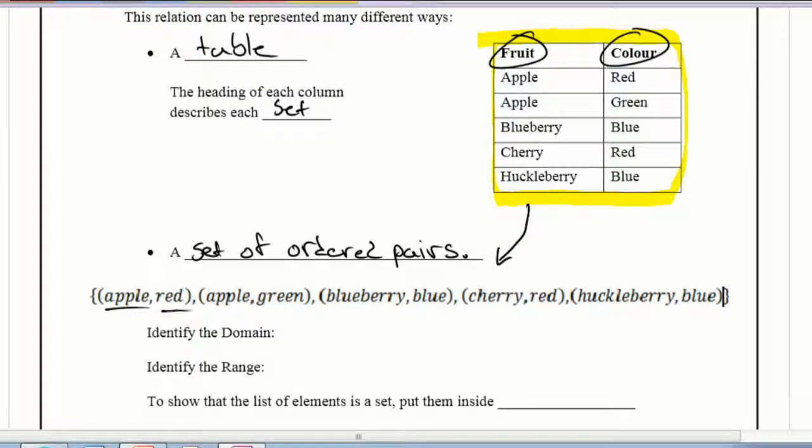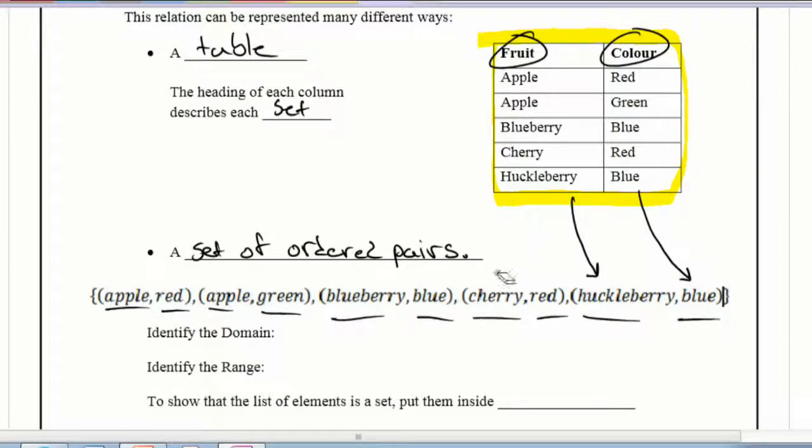Apples may be red, apples may be green, blueberries may be blue, cherries may be red, huckleberries may be blue. So the first thing is the first object, the second in the column is the second object. And we've just rewritten everything along the way.